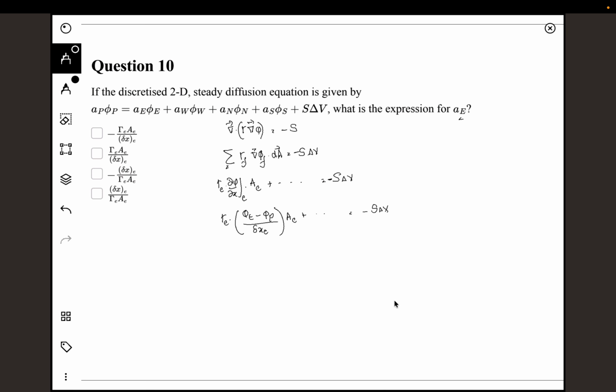So we'll have to take all the terms for phi P on the RHS. So we'll have the constant AE is basically the coefficient of phi E, which is gamma e times A e by delta x e. This is also kind of straightforward. Are there any questions? I don't think there are many questions in this, so this is a straightforward one.